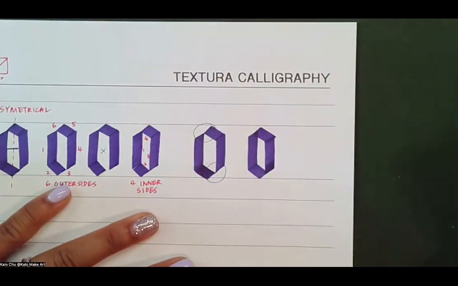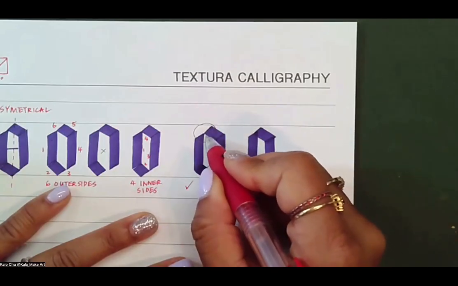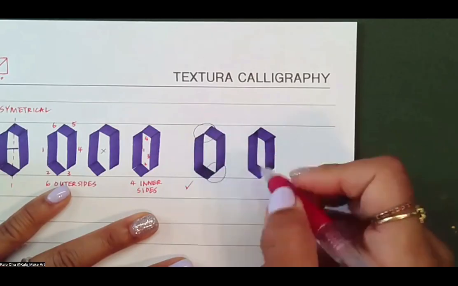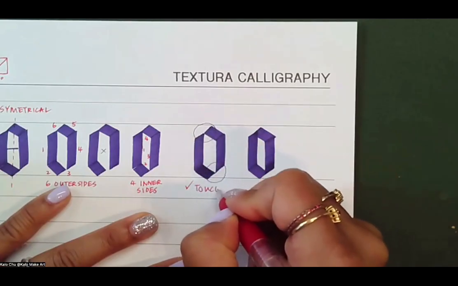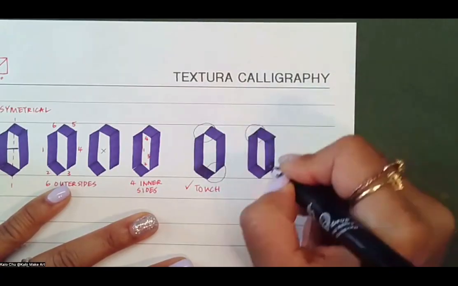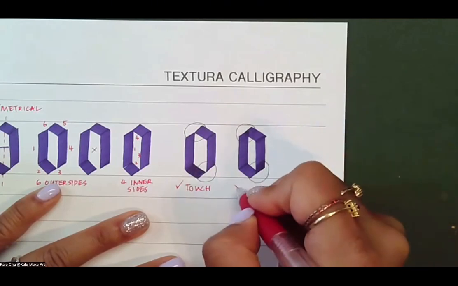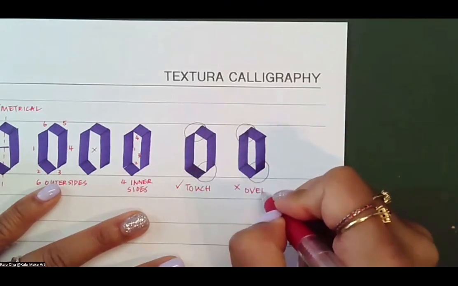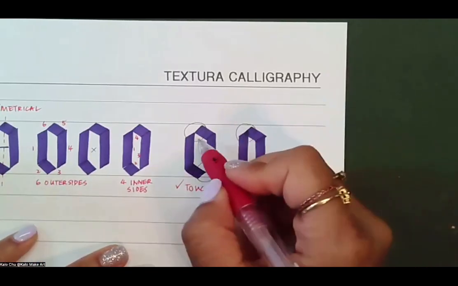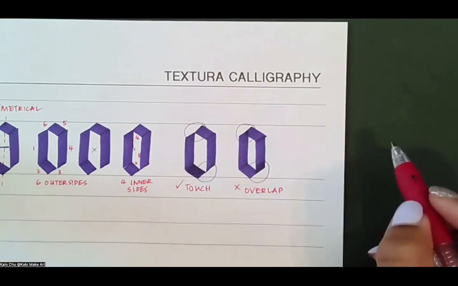This is good. Okay, so when it's good, I put a tick. Now you want them to just touch each other. The corner of this stroke and the left corner are just touching. Now here, it's not that great because it's overlapped. So this is very important that not just for letter O, but for all letters, you should have a clean connection here.